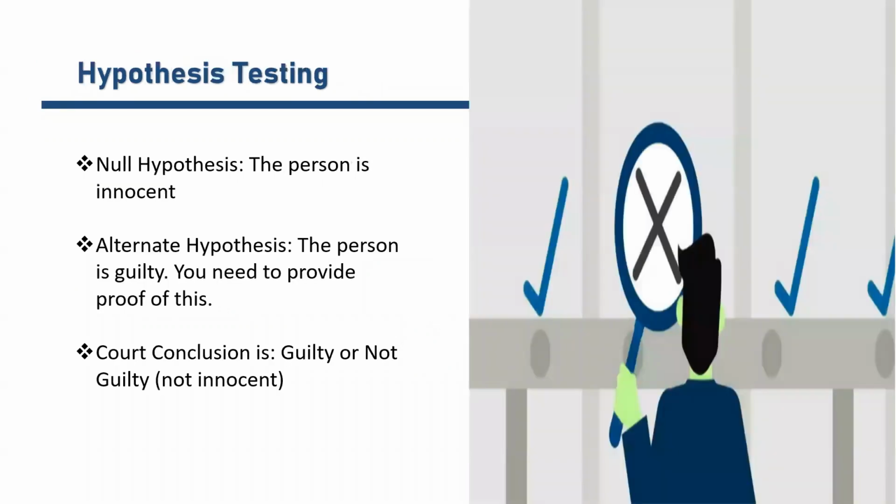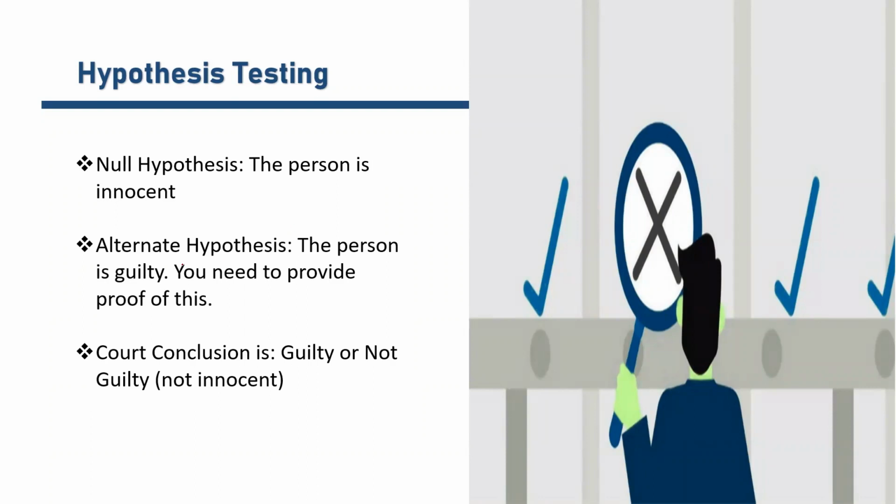Now, to understand hypothesis testing, let's say a person is going for a court trial. This person might or might not have committed the crime. So the basic assumption in the rule of court is that the person is innocent. The court works on this very basic assumption of innocence, right? So this is the null hypothesis for the court.